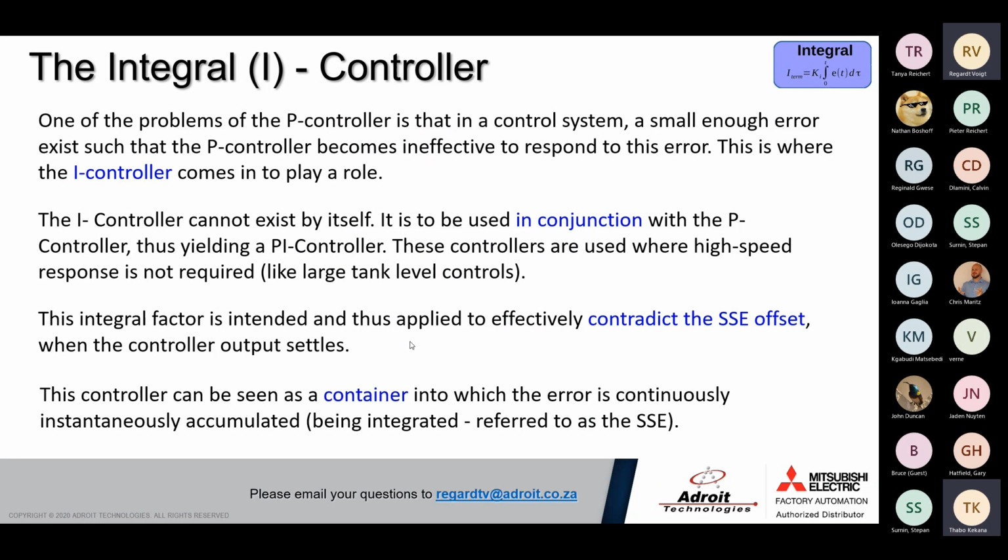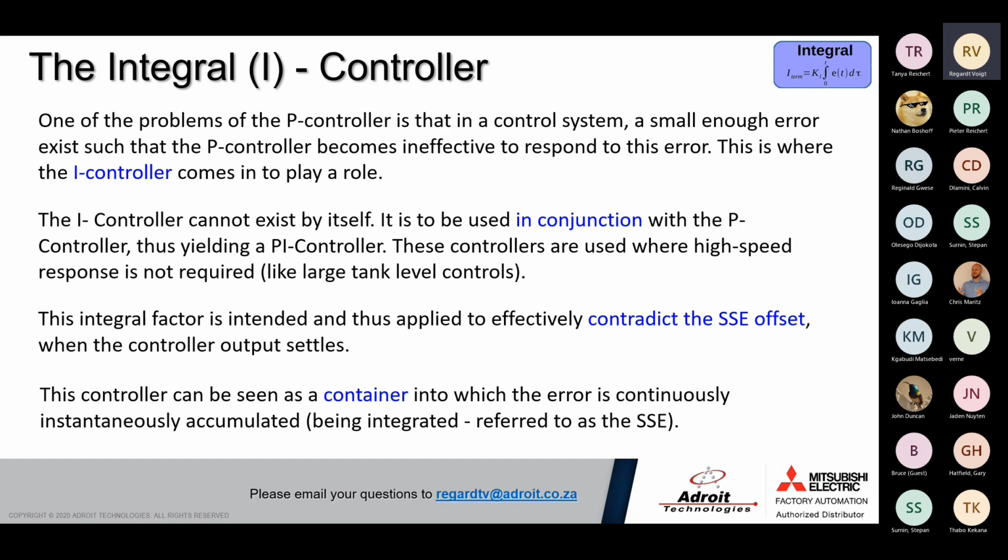So all of these problems which we identified can now be addressed with the I controller, as mentioned. Okay, so the I controller looks at small errors over time and will fine tune or finalize the error correction to reach a zero error.